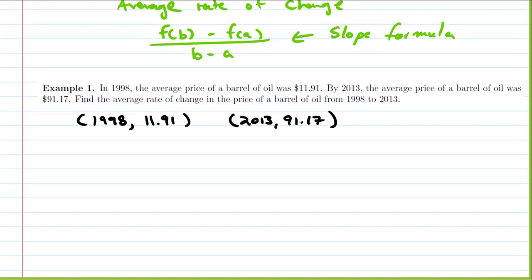So then our average rate of change is going to be the slope between those 2 points. So 91.17 minus 11.91 all over 2013 minus 1998.